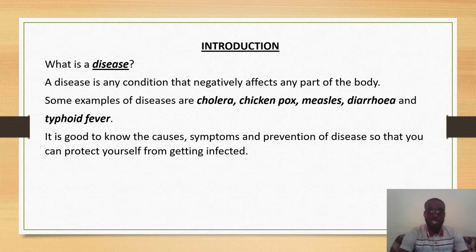Some examples of diseases are cholera, chickenpox, measles, diarrhea, and typhoid fever. It is good to know the causes, symptoms, and prevention of disease so that you can protect yourself from getting infected.